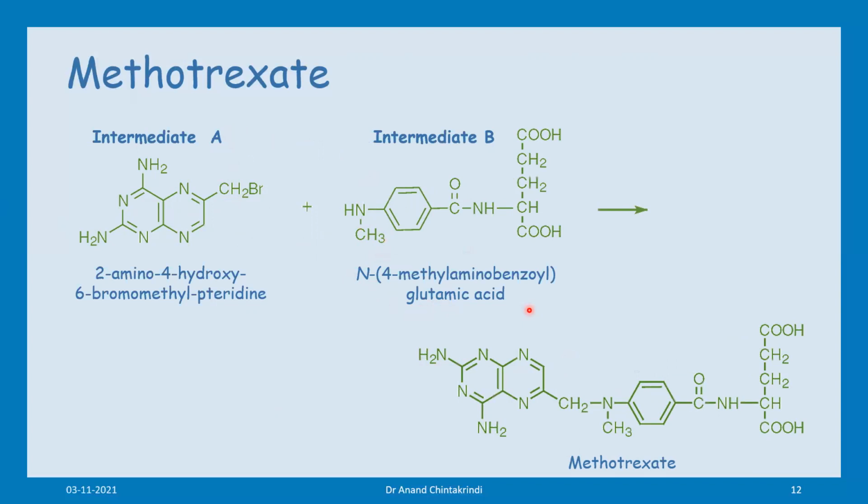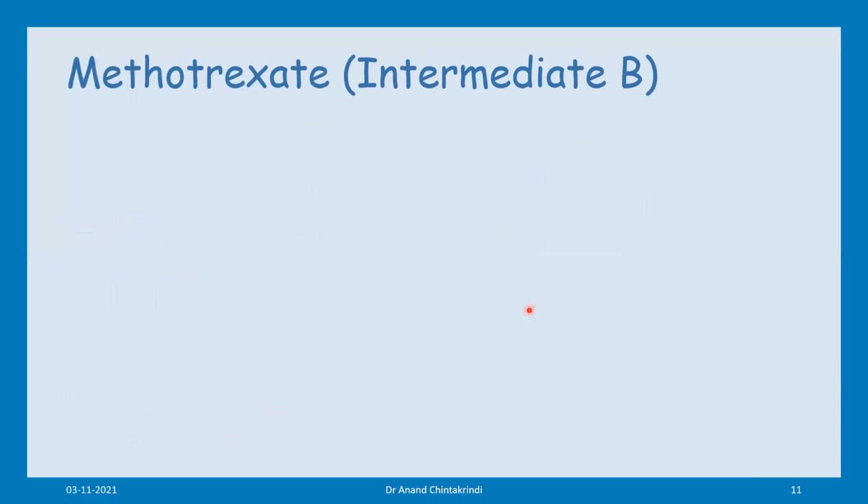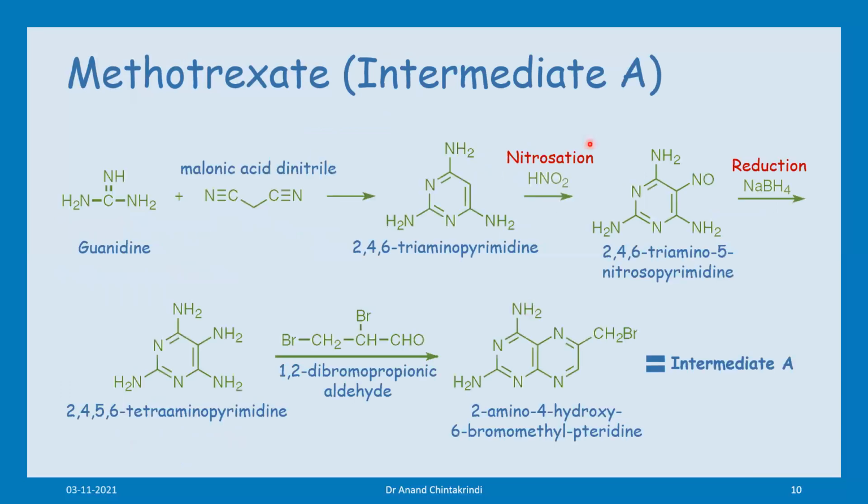This is a pretty long synthesis, so let us have a recap of all the steps again. You start with the formation of intermediate A, which requires guanidine and malonic acid dinitrile to form this triaminopyrimidine.